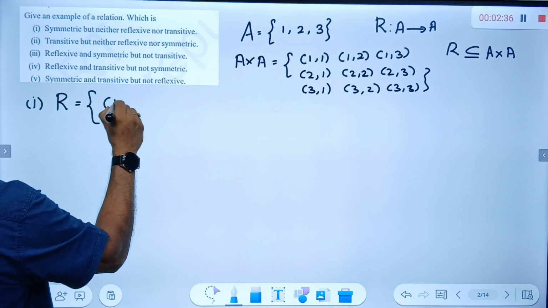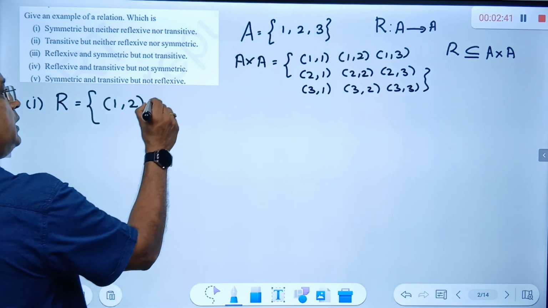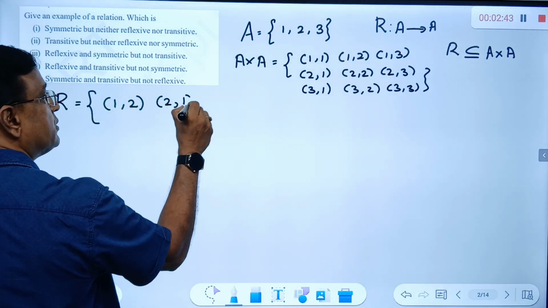Let's, for example, take (1,2). Definitely I should have (2,1), only then it is symmetric.